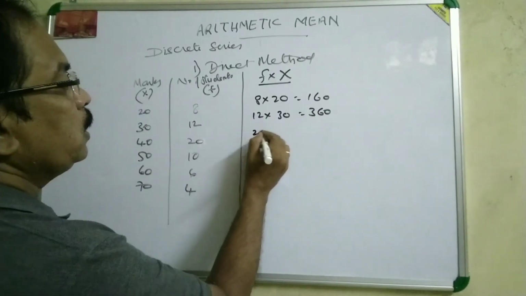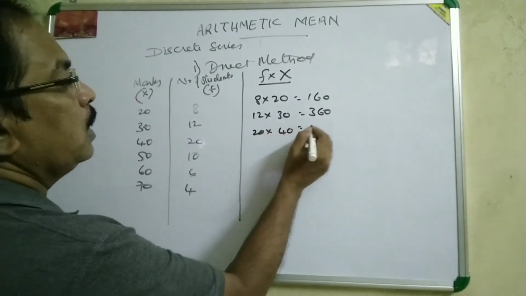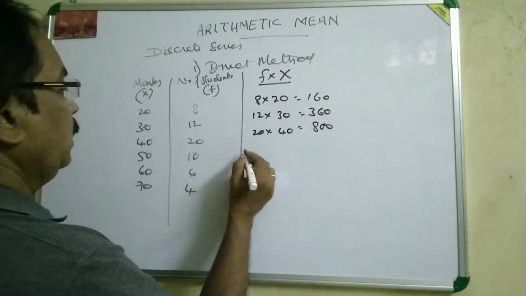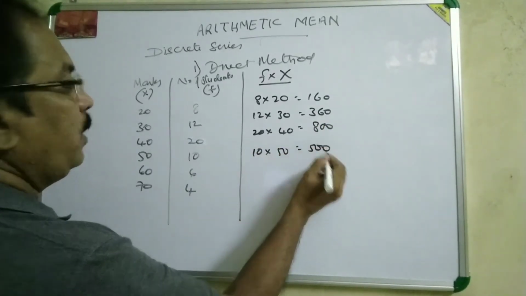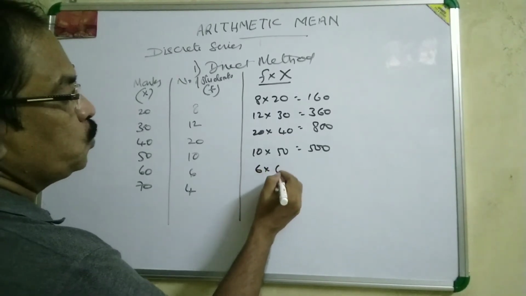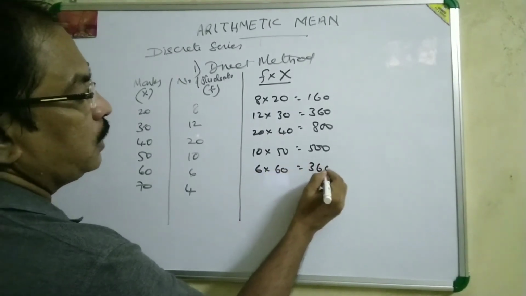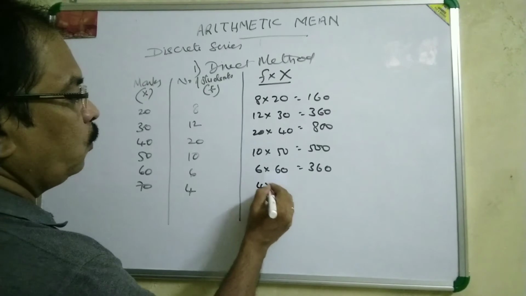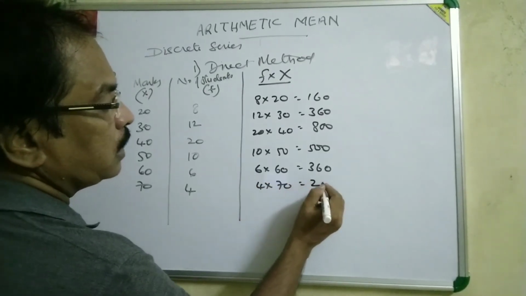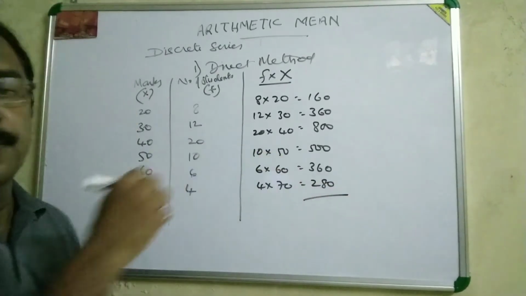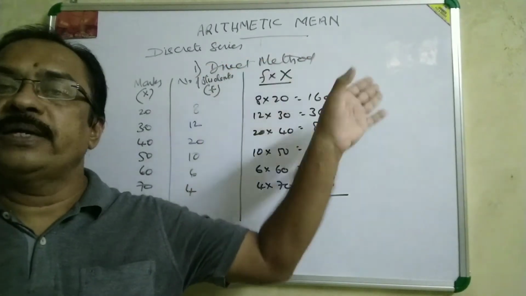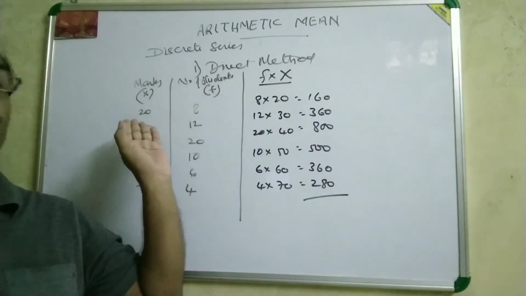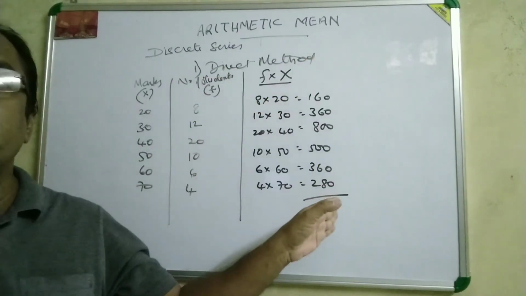Then 20 into 40, that is 800. Then 10 into 50, that is 500. 6 into 60, that is 360. And 4 into 70, that is 280. So I hope you understood how to calculate f into x: frequency into variable, and we are getting the products here.